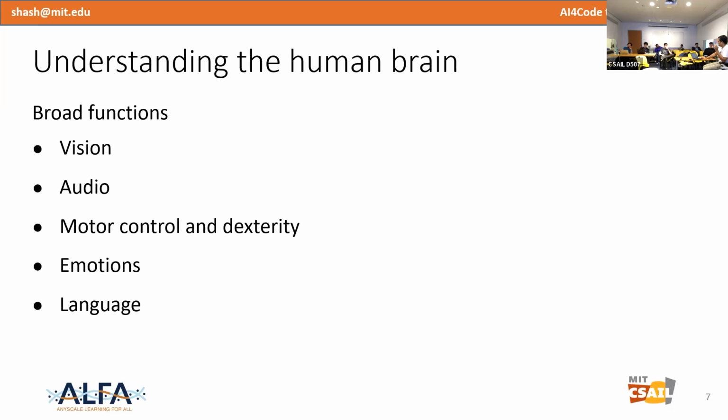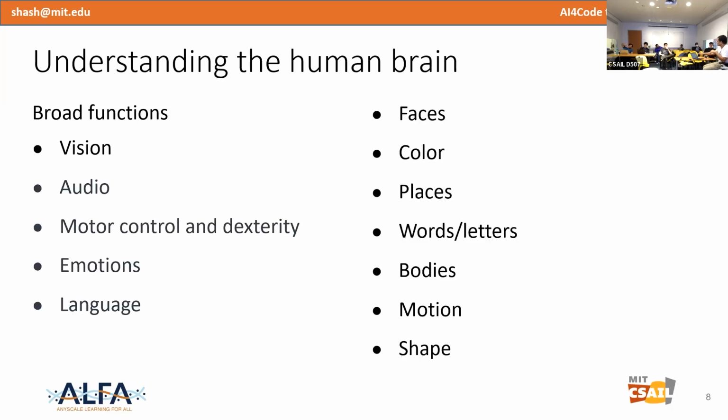But even within vision, there are subparts of the vision system itself which specialize in processing faces, colors, places, and so on. So it is that super specialized. It seems that evolutionarily the brain is organized into these super specific functions that it is designed for. And this comes up over and again. It is a very repetitive theme which shows up in the vision system, the audio system, the motor control system, and so on.